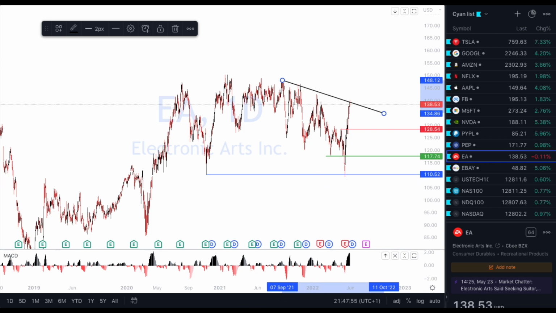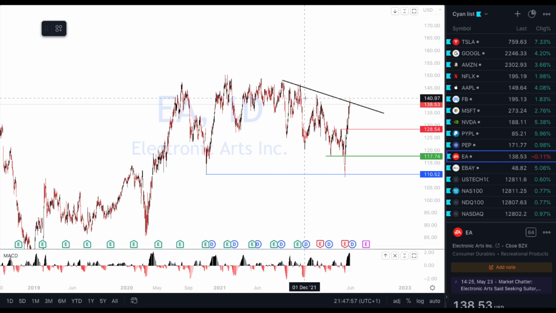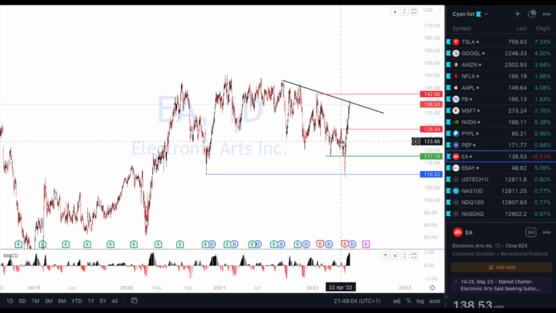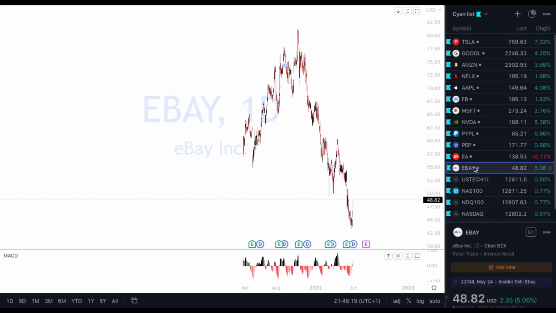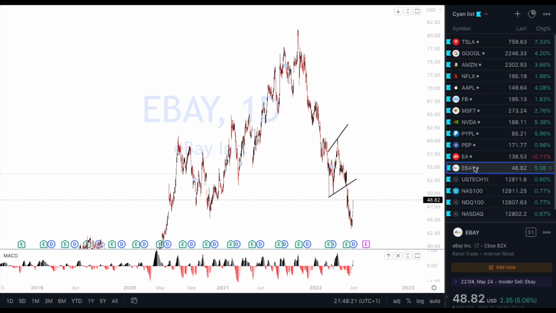So EA is going to need to break this level. This level right here. And bearing in mind, it's already broken a level to push to the upside, okay? But it now needs to break the structure level. And this is one of the levels that needs to be considered for a break. So let's see what EA does. But it's pushing up at the moment. It is pushing up, okay? So all of this is supporting what the NAS is currently doing right now.